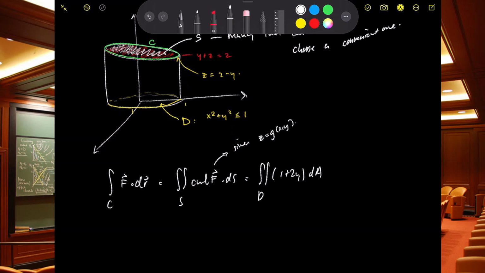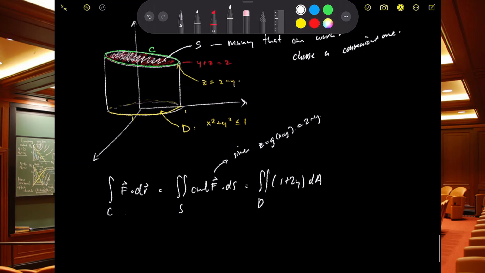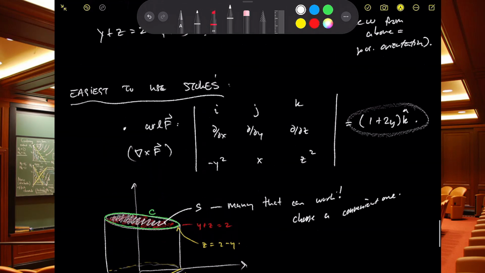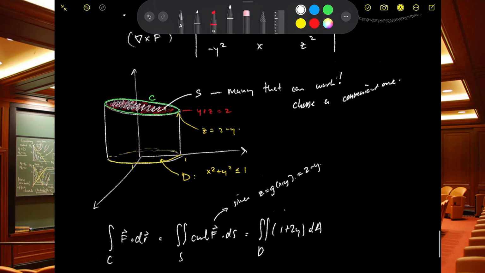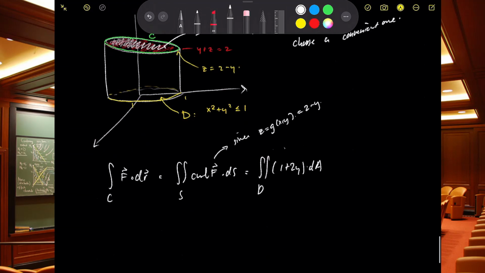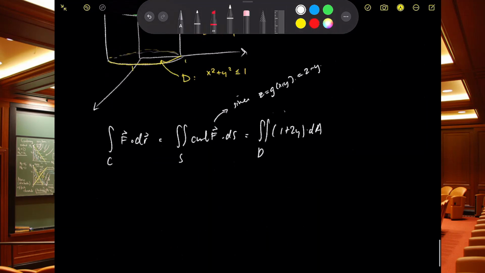Since z is a function of x and y, because it's equal to 2 minus y, we're able to use that form for a surface integral. And the partial derivatives with respect to x and y are both 0. Then we're left with just our k component, that's the 1 plus 2y dA.